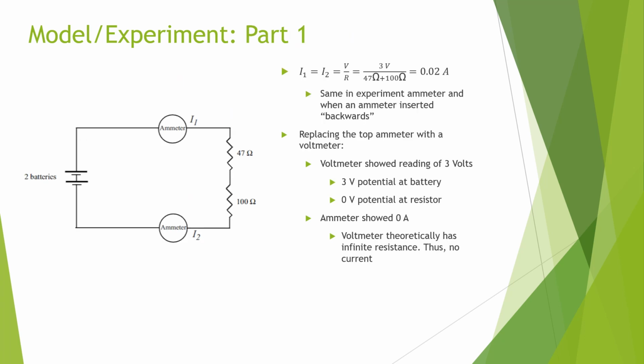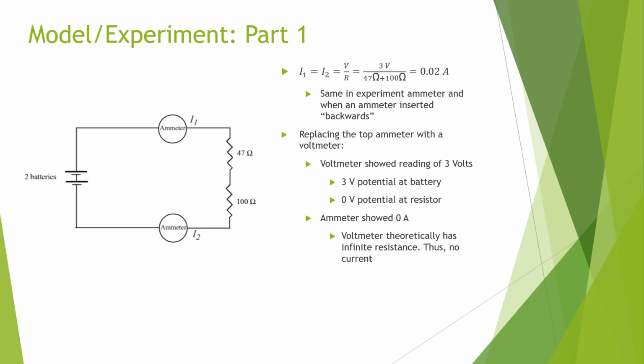In this first circuit, we were asked to find the current flowing through the circuit. Using Ohm's law, we determined that the current is 0.02 amps. Doing the actual experiment, we found the exact same result, whether the ammeters were inserted regularly or backwards.